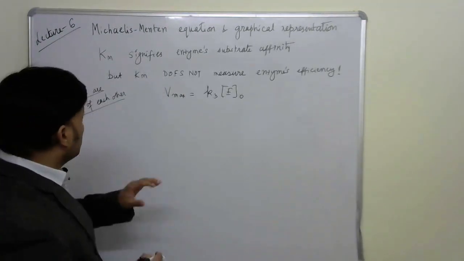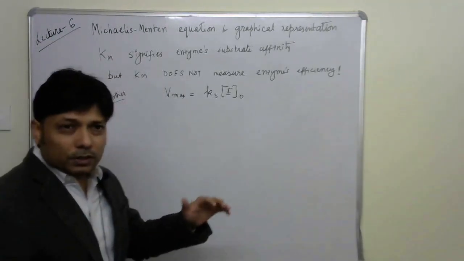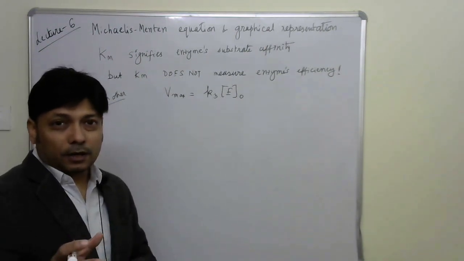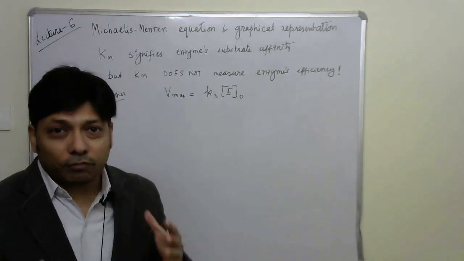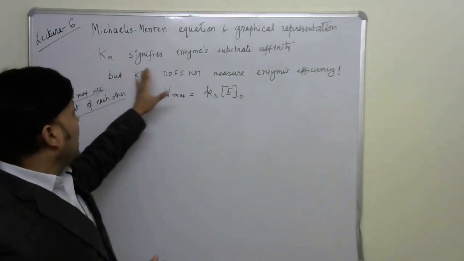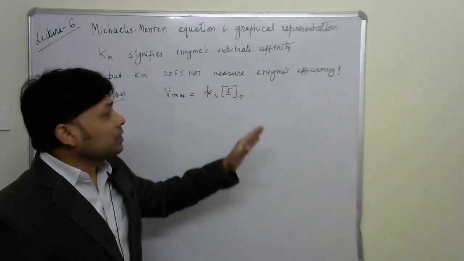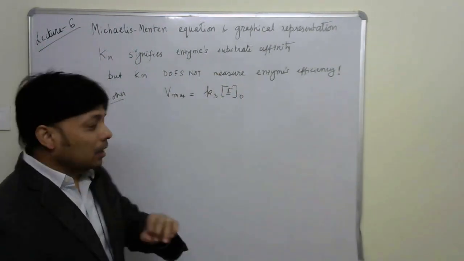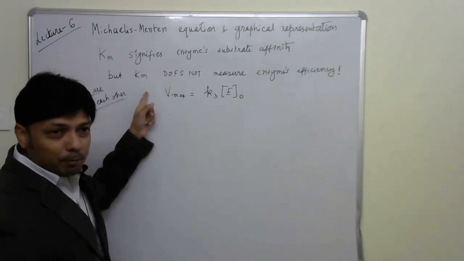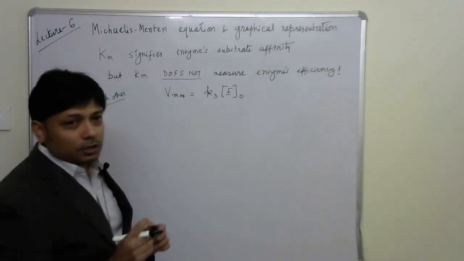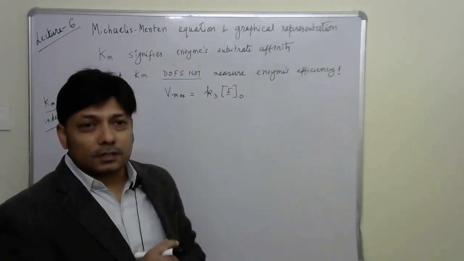So let's begin with the debate of whether Km signifies an enzyme's efficiency. To tell you directly, Km signifies enzyme-substrate affinity, definitely for sure, but a caution should be taken: the Km, the Michaelis constant, does not measure an enzyme's efficiency.